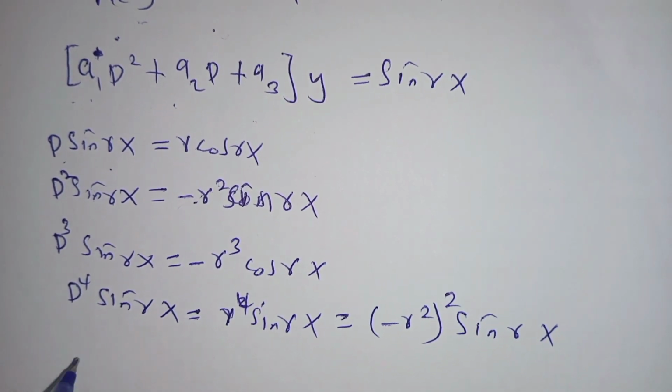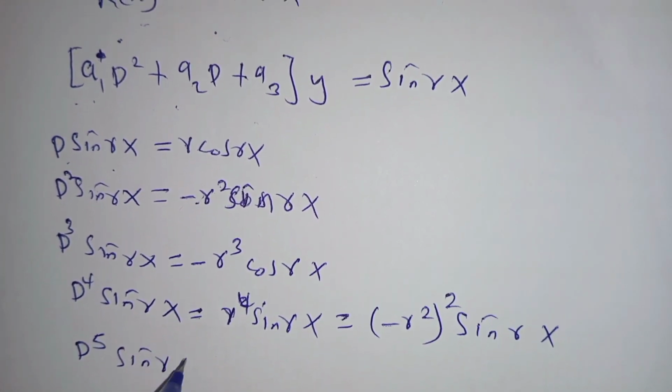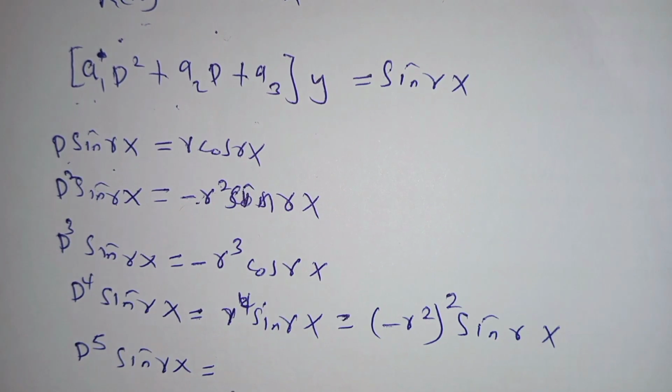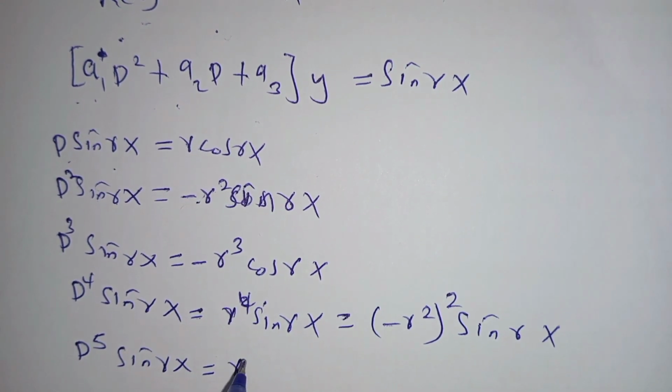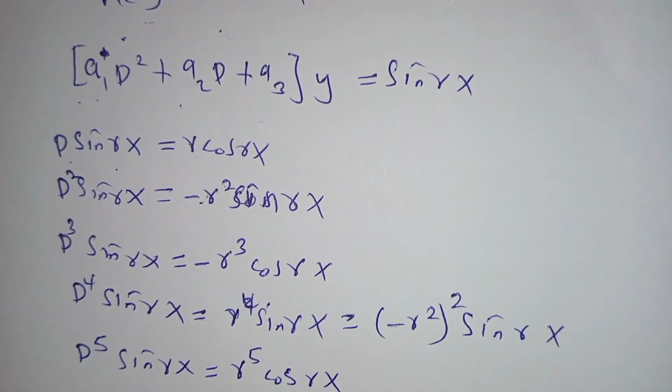Then D to the power 5 of sine of rx is equal to r to the power 5 cos of rx.